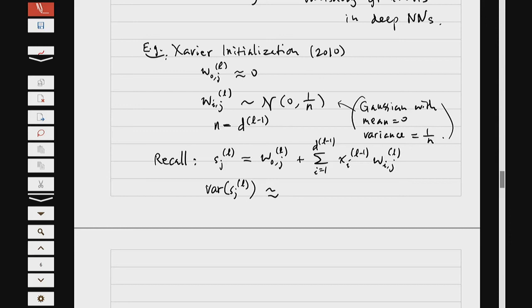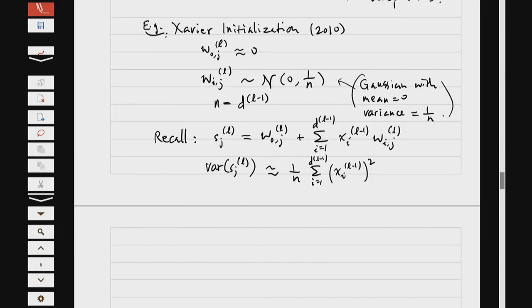So 1/n times the sum over i equals 1 to d_{L-1} of x_i^{L-1}, this one squared, right? I'm sorry, yes, squared. But that one roughly has a variance of 1 on average. So this is approximately normalized. Therefore, this whole thing is roughly equal to 1.